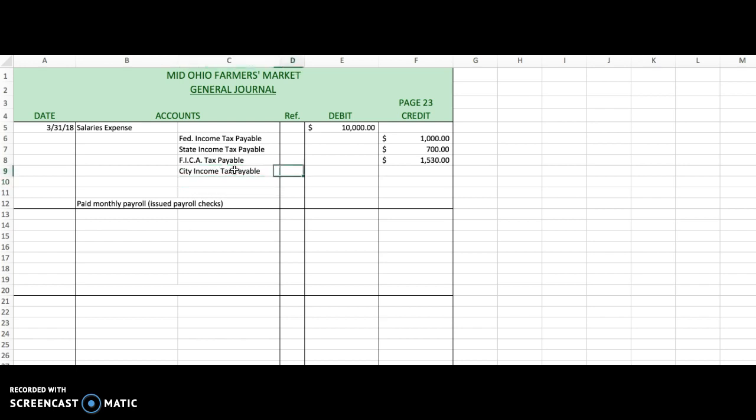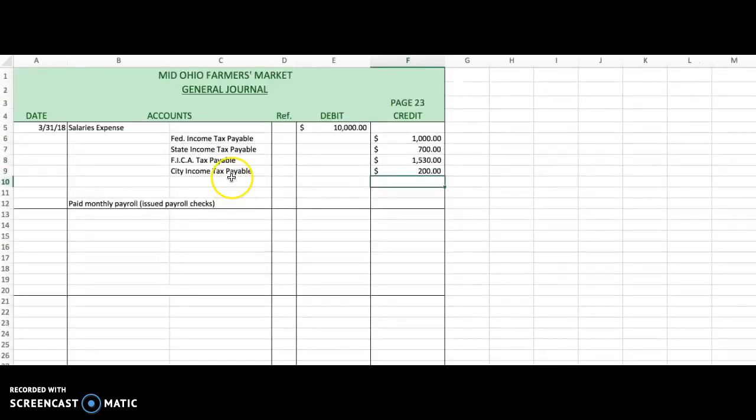And this one really varies from area to area, from city to city. Some cities have this, some don't. But let's assume this city has an income tax, and again, it's a liability account that's withheld from the employees. It works the same way as the other liability accounts we just looked at.